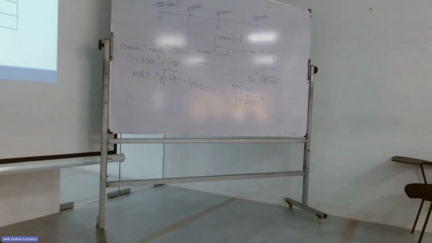According to the IRR, this is the better one. So there is a disagreement between NPV and IRR. If you calculate the MIRR, you can see both NPV and MIRR say project B is the accepted one. So you may do this one.